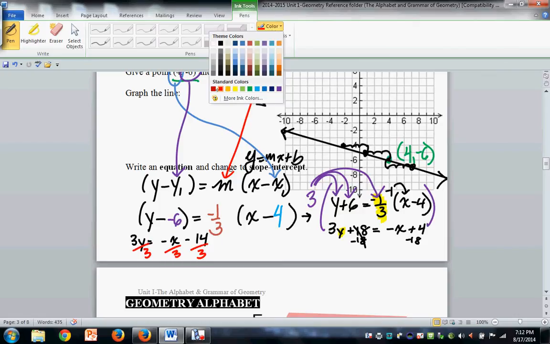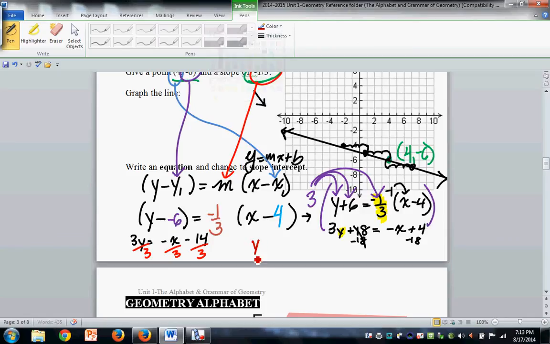So your final answer here, I'm going to write it in red, is going to be y equals negative 1/3 x. 3 goes into 14 4 times with 2 left over, so it's 4 2/3.